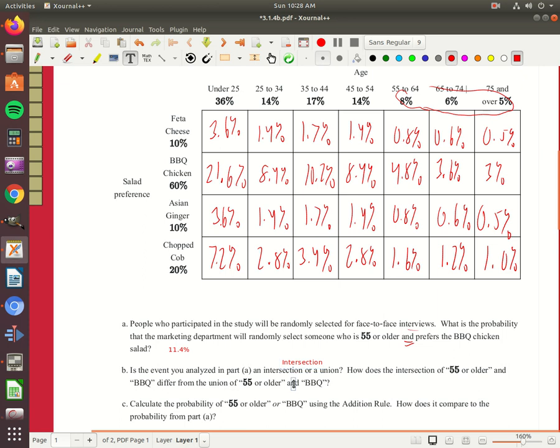It should say or barbecue right here, not and. So that's my first concern. The book's kind of going a little wonky on us right there. That should say or, not and.